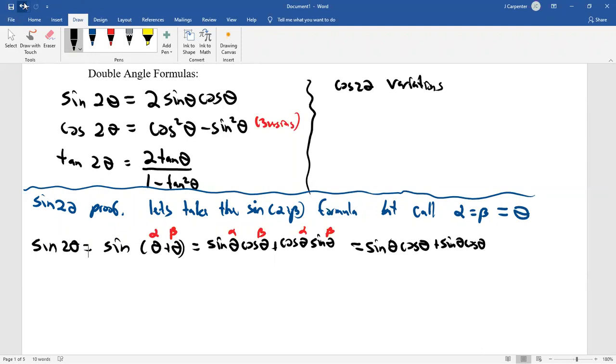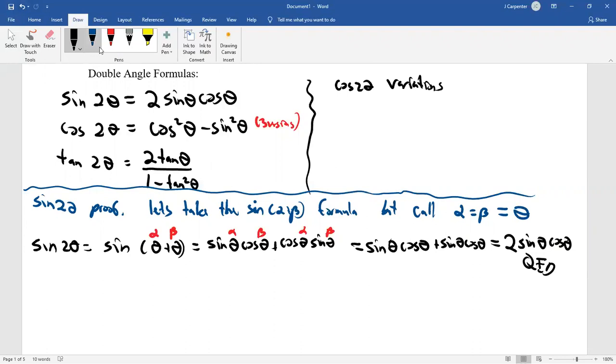This is like xy plus xy, which is 2 of the xy. So it's 2 sine theta cosine theta. And that is QED. We proved the formula. The left side matches the right side. It's not the end of the world.